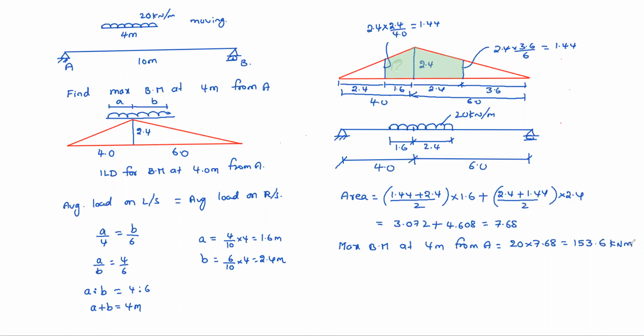Of course, you can find absolute maximum bending moment also. I'll show you. Ten meters span, 4 meters, 20 kilonewton per meter.